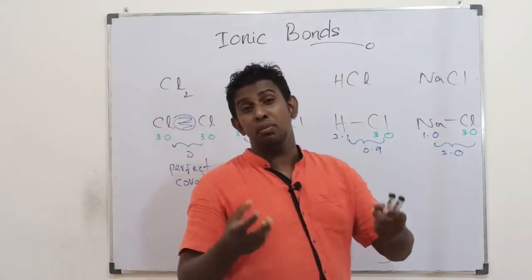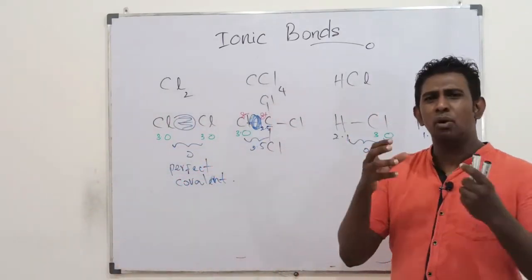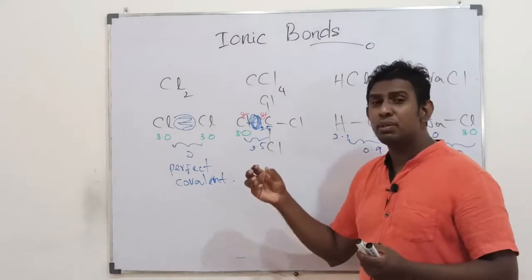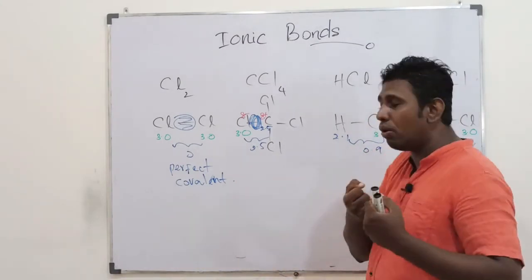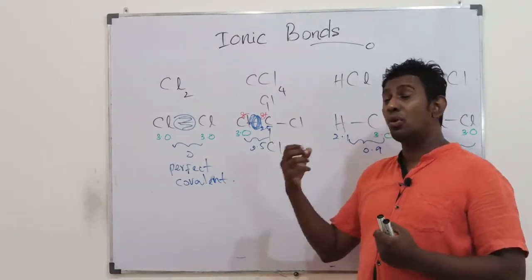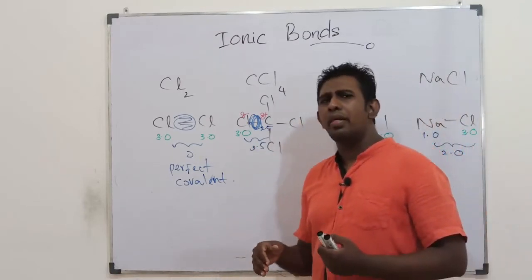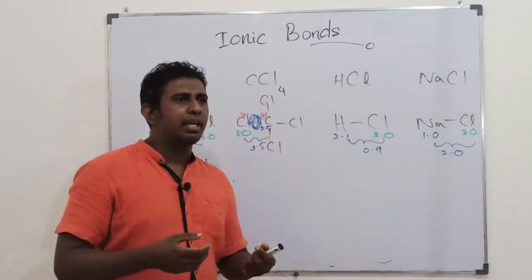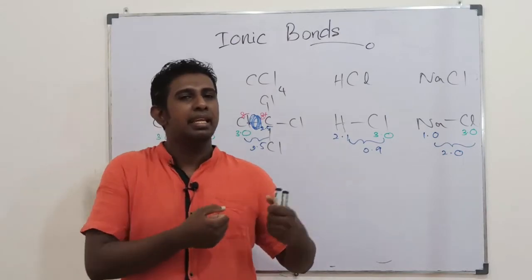Within that covalent bond you have an electron cloud, and it is drawn more by chlorine. It shifts towards chlorine, so it seems like chlorine is gaining an electron.